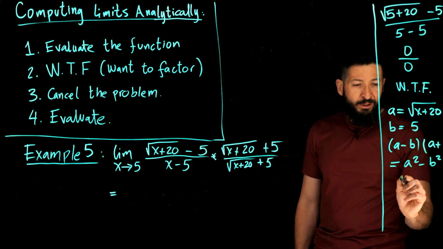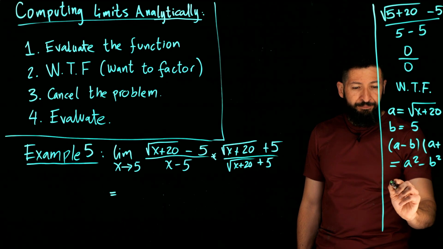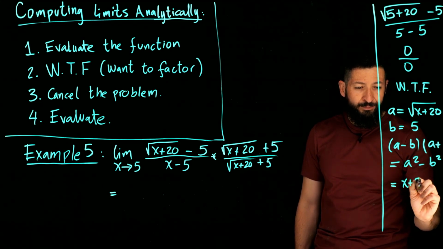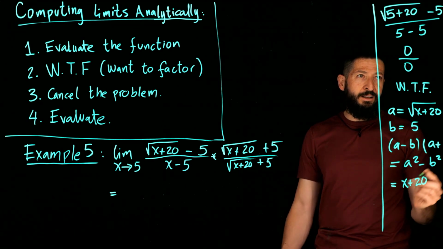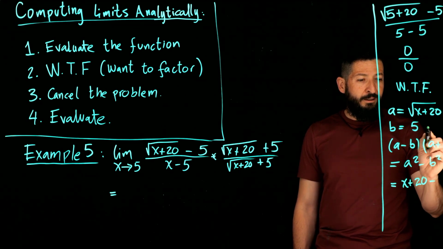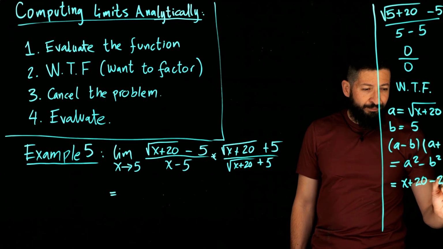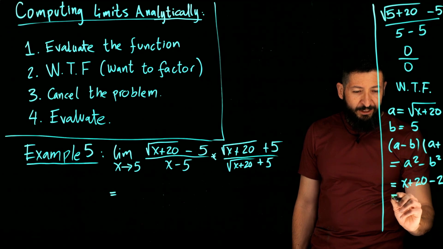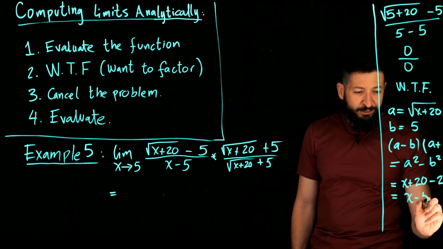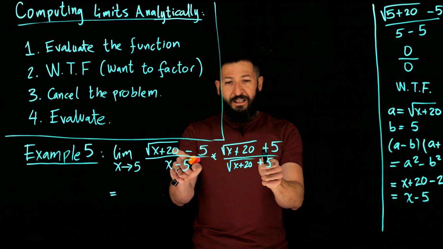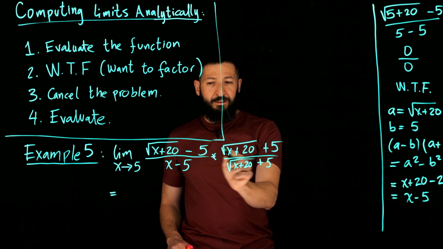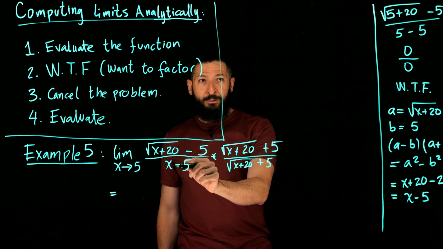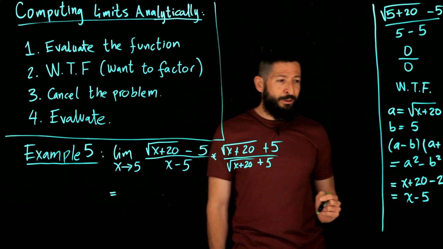And what that will do is you're going to have the square of a, the square of this square root, just cancels. Minus 5 squared. B squared is 5 squared, which is 25. And it's going to give you an x minus 5 there. You see, from this big thing here, you're going to get an x minus 5. That will go in the numerator, and we'll cancel with this x minus 5 in the denominator.